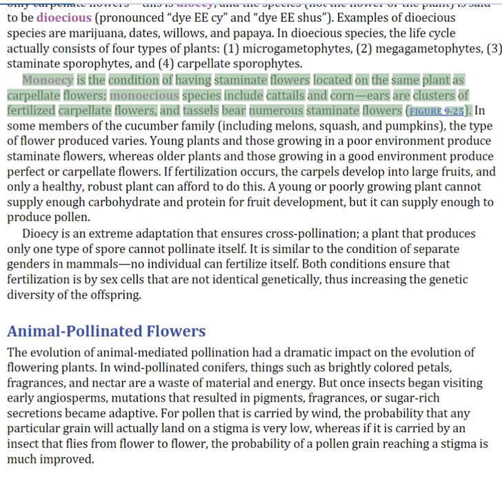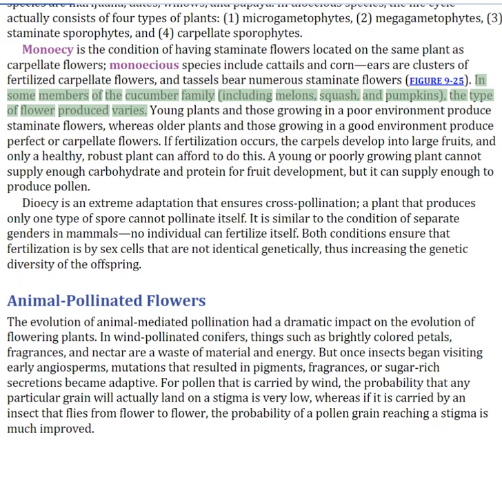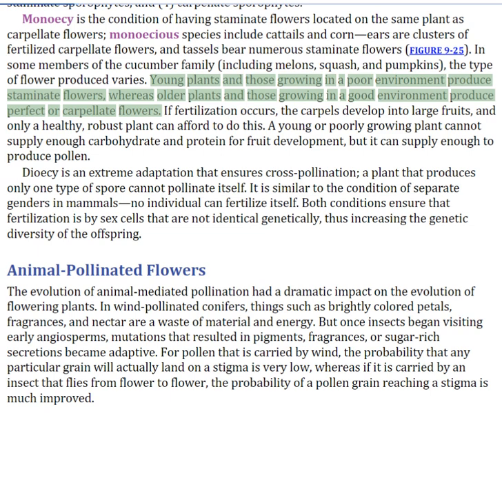Monoecy is the condition of having staminate flowers located on the same plant as carpellate flowers. Monoecious species include cattails and corn; ears are clusters of fertilized carpellate flowers, and tassels bear numerous staminate flowers. In some members of the cucumber family, the type of flower produced varies. Young plants and those growing in a poor environment produce staminate flowers, whereas older plants and those growing in a good environment produce perfect or carpellate flowers.